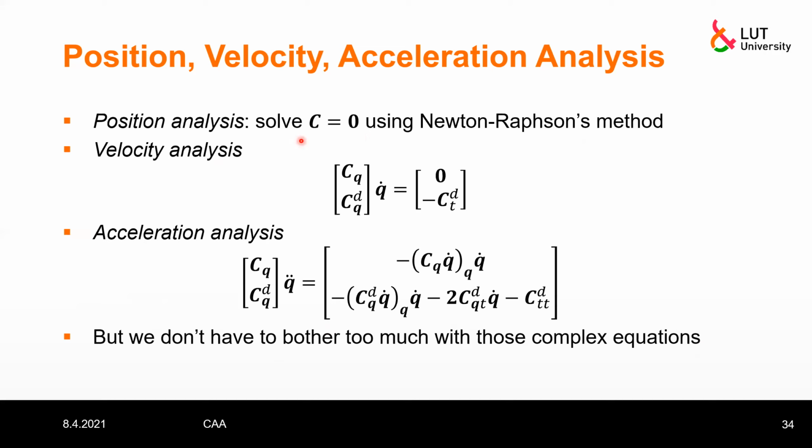Out of this equation, we can get Q1, Q2, up to Qn, for respectively t1, t2, up to tn.